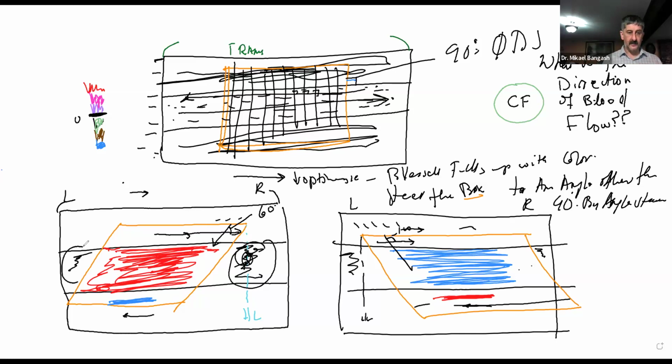If you want to scan this area here, you may just move the transducer up this way. Did that make sense?